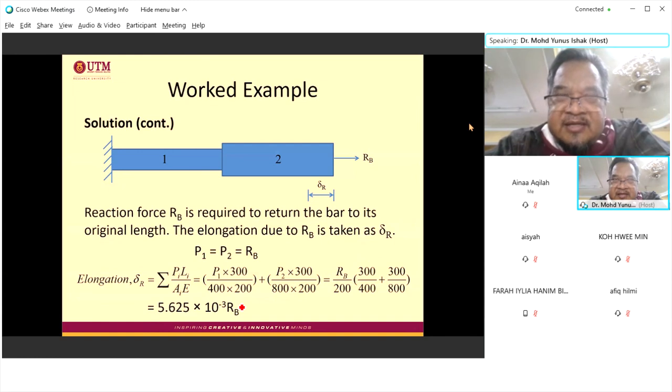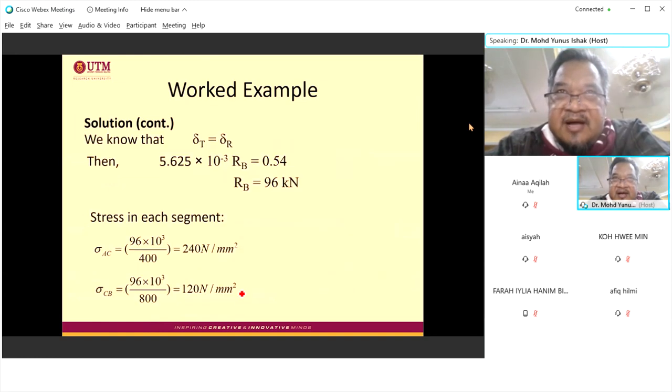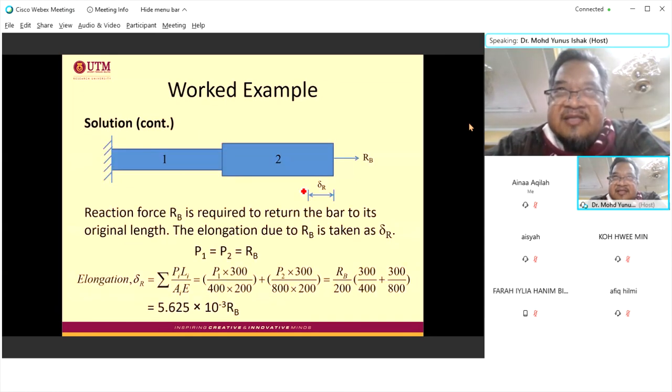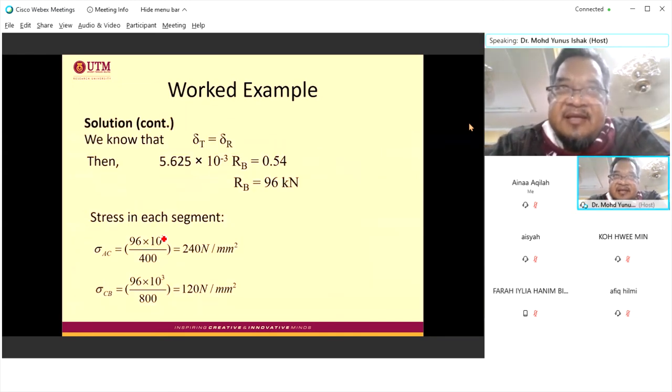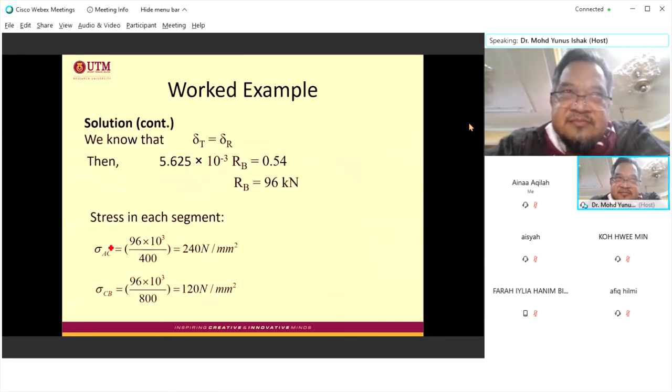So delta T equal to delta R. So RB is 96 kilonewton. The question now is stress. So stress is P divided by A.